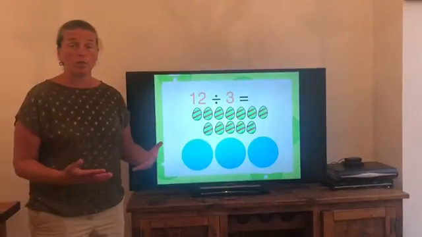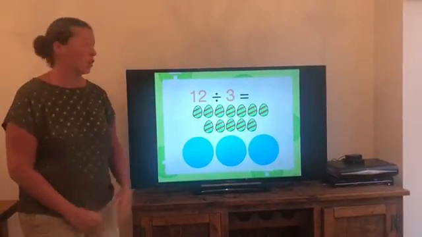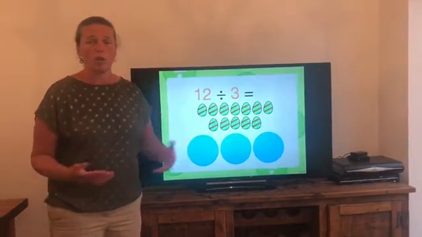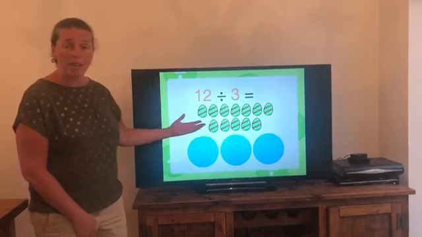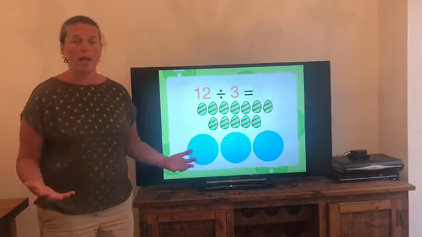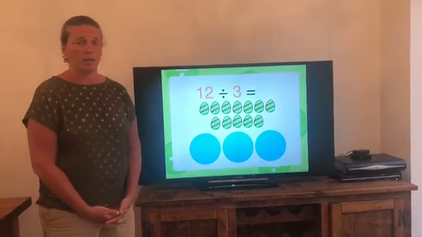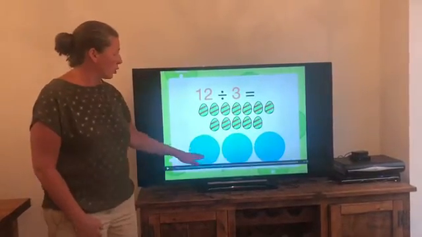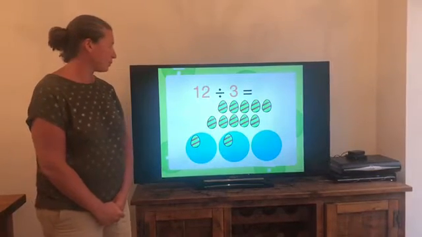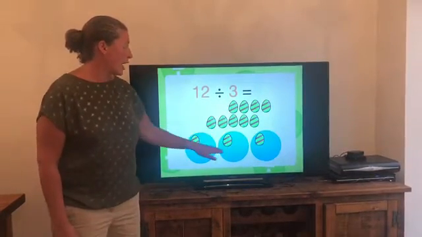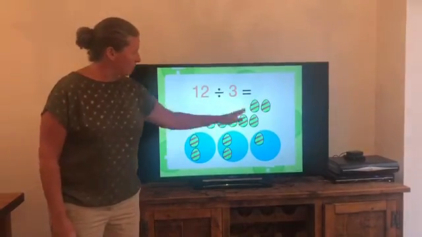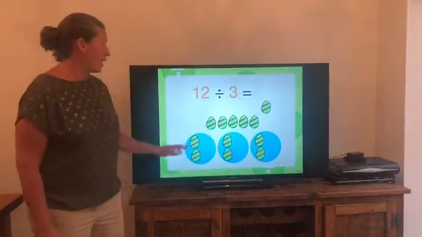Our next division sum, you will see our numbers are getting a little bit larger. Now we've got 12 divided by 3 equals what? So this time we're using lovely eggs and we are dividing our eggs between each of our children. So how many eggs will each child get? So the eggs are going to start moving into our 3 circles to see how many at the end. So our first 3 eggs have moved in, and now we're moving into the next lot of 3, and then the next lot of 3.